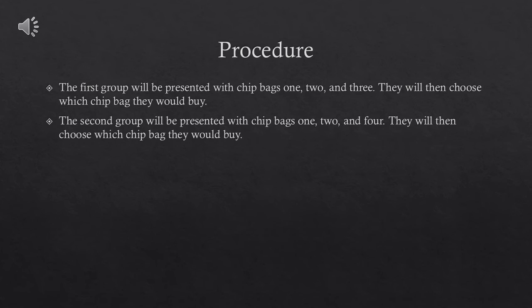The second group will have the exact same thing with 1 and 2, but instead they'll have chip bag number 4 instead of number 3, which is the poorly designed version of number 2, and they will also be asked which chip bag they would be likely to buy. And there are no prices or anything to influence this; it's based solely on the design of the bags.